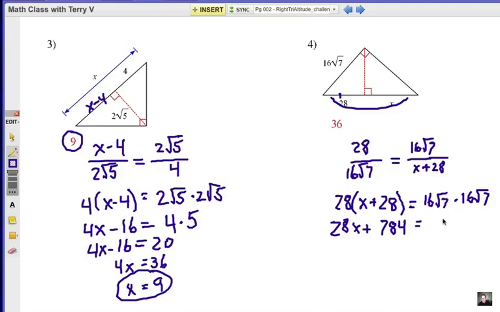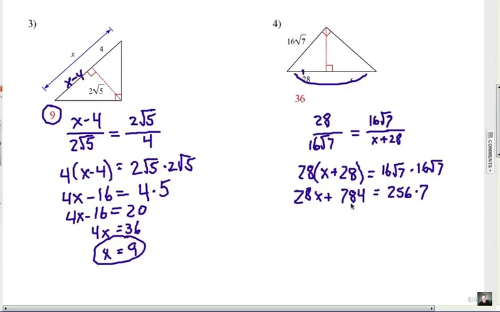So we're going to do the 16 times the 16, which is going to be 256. And radical 7 times radical 7 is going to be 7, of course. Now we're going to multiply this together, which will be, I might as well write that down here, 1792.